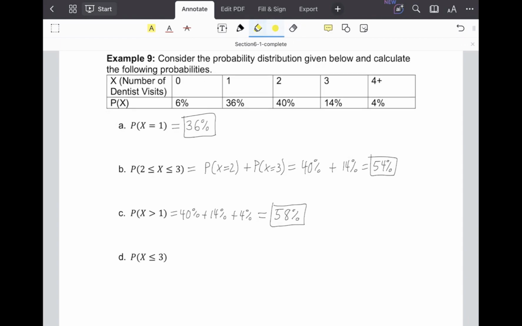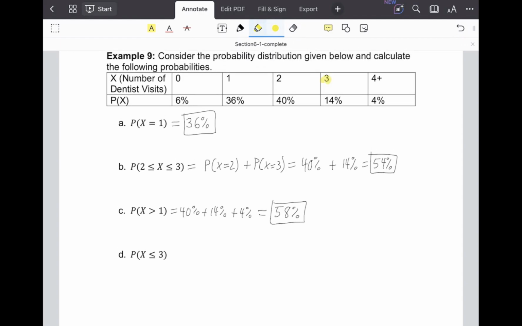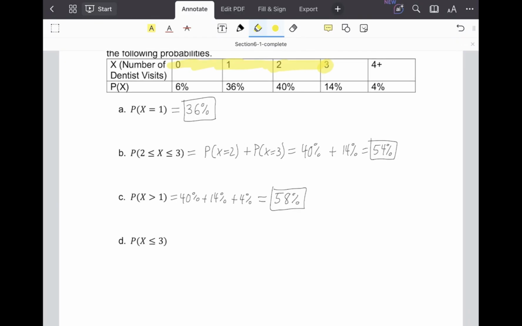Okay, last one. X is less than or equal to 3, so that includes 3, and then everything else that's less than it. All of those there. We could also get this by the complement rule. If we do 100% minus this 4% gives us 96%, or you could add them all together. Either way, it gives you 96% as the probability.